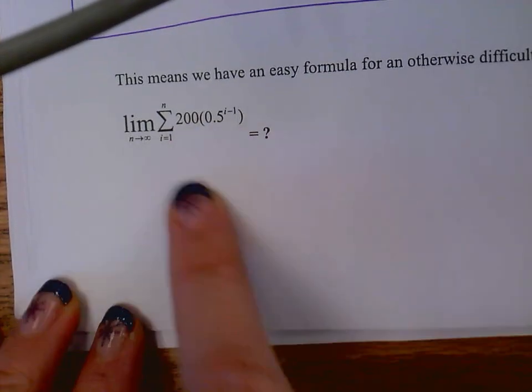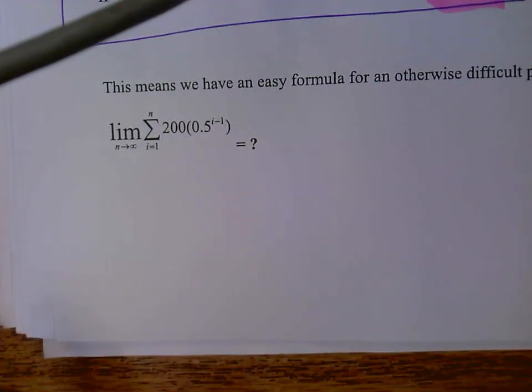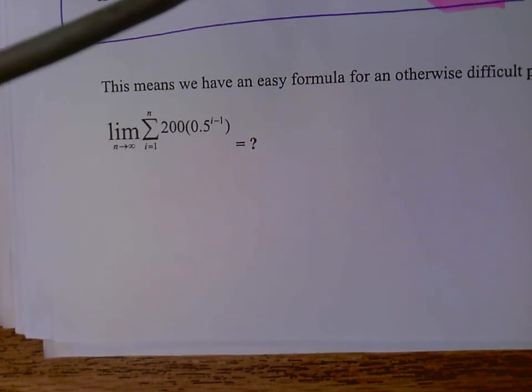So I can't plug infinity into my calculator, right? But I could plug in a pretty big number. So I want you to plug in from 1 to 100 as your summation, and tell me, what is the summation of this infinite geometric series? If you can't plug in infinity, plug in a number that's big, like 100. Can someone tell me what your calculator says this infinite geometric series converges to?